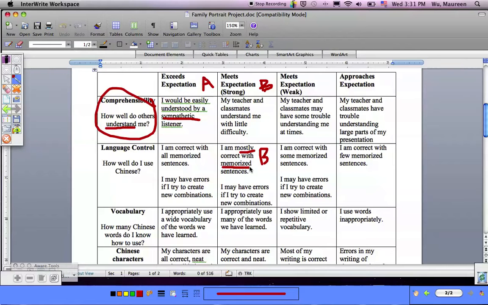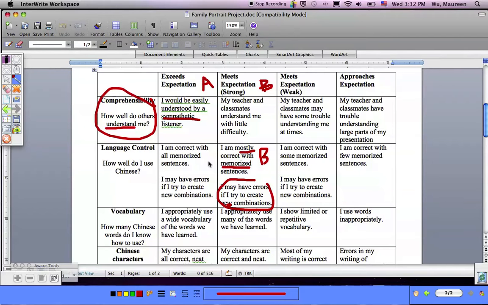Those are the ones that you guys have access to in the textbook and on the bottom or the back of the sheet, and ones that we've gone over in class. Note, to meet expectations and get a B, you may still have errors if you try and create new combinations. If you're trying a sentence that we haven't done in class, you might have some errors, and that's okay.